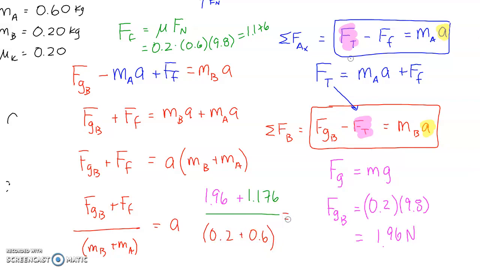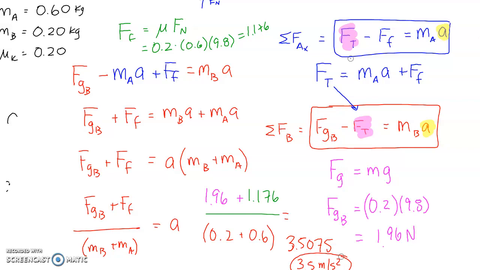So 1.96 plus 1.176 divided by 0.8 is going to give us an acceleration of 3.5075, and if we put this in 2 sig figs, we get 3.5 meters per second squared, and that is our acceleration of the block.